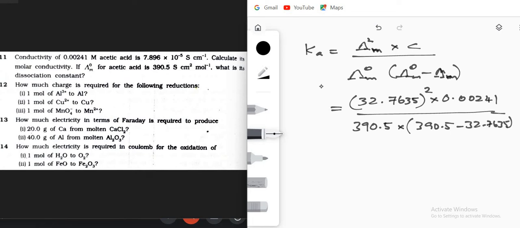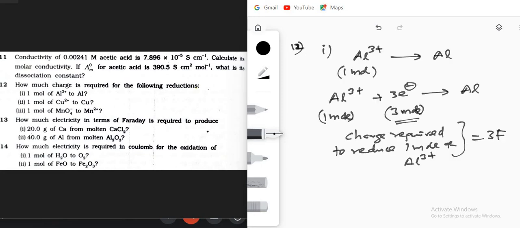I just substituted the values that are given and the value we have calculated. If I simplify this, the answer comes out as 1.85 into 10 power minus 5 roughly. This is the value of Ka. Note it down.